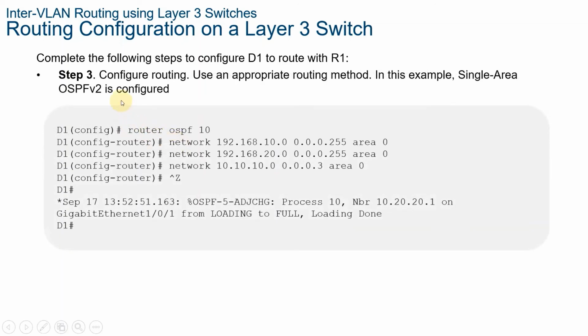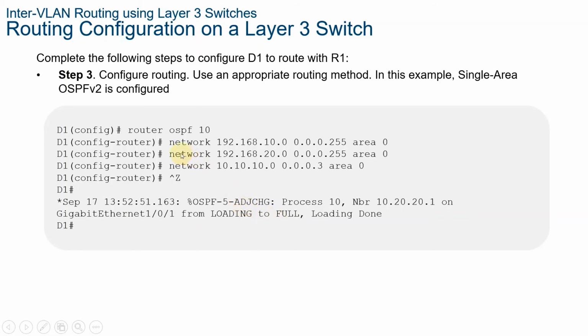Step 3, configure routing. Now configure the OSPF routing protocol to advertise the VLAN 10 and VLAN 20 networks, along with the network that is connected to R1. Notice the message informing you that adjacency has been established with R1. You will have this notification if you have successfully established adjacency with the neighbors.